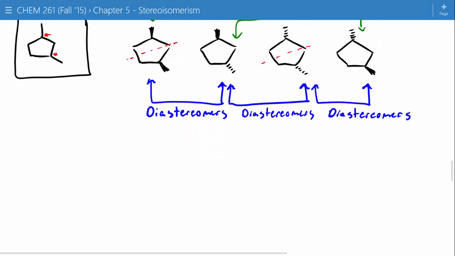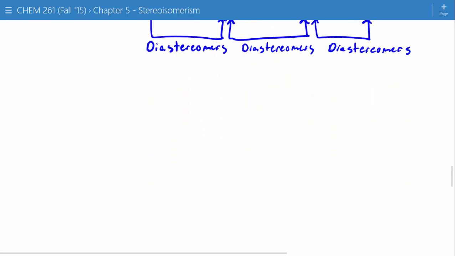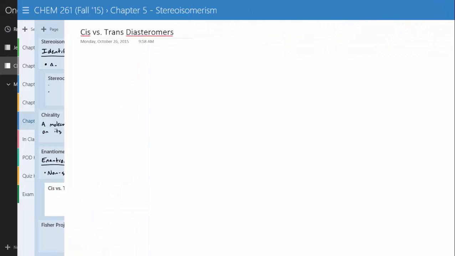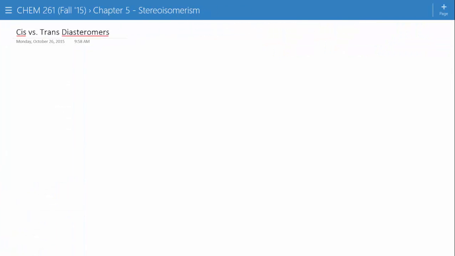All right. Let's continue on a little bit. And I did want to talk about cis versus trans diastereomers. So we've already covered this briefly, where we said if you've got a substituent or a substitution pattern that looks like this, is that cis or trans?